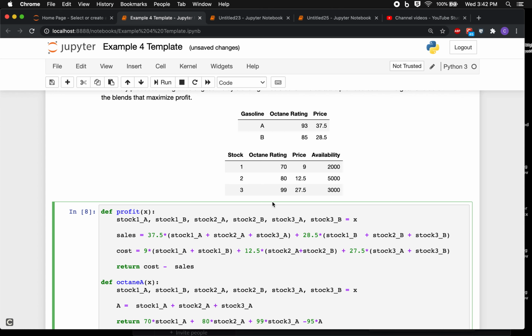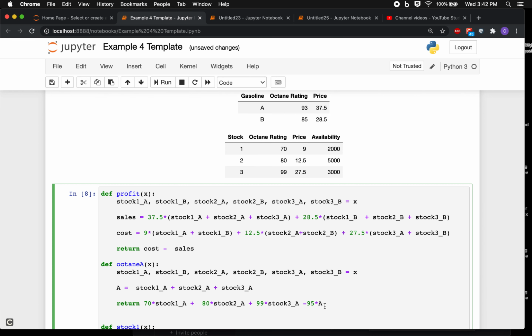So this is the constraint that the mixture of these 3 things, when combined, will at least have a value bigger than 93.